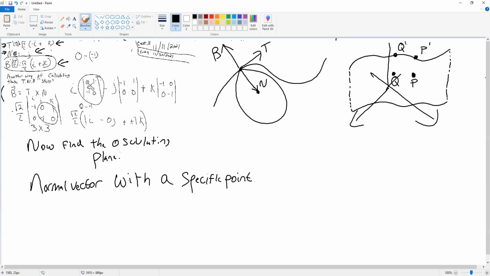When we squeeze them together, they're eventually going to become the same point, right? That same point is going to be our limit. I don't think that's doing the normal plane justice.